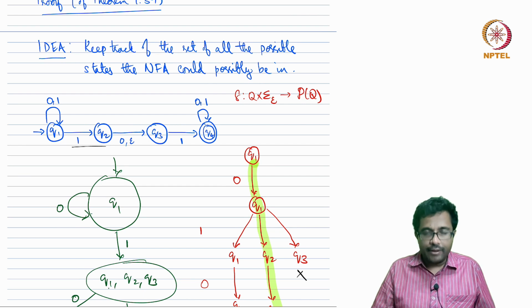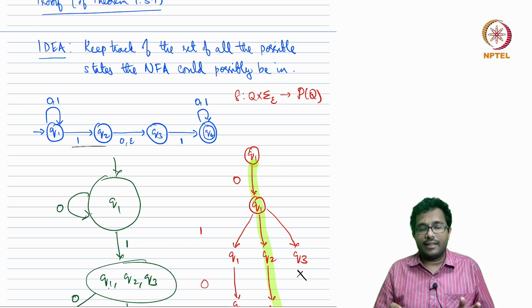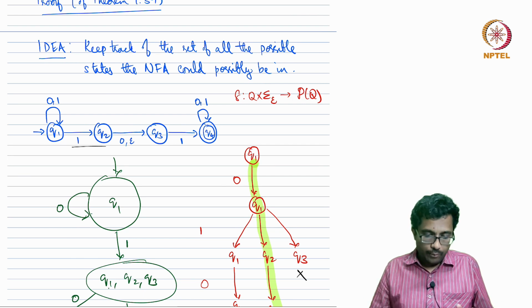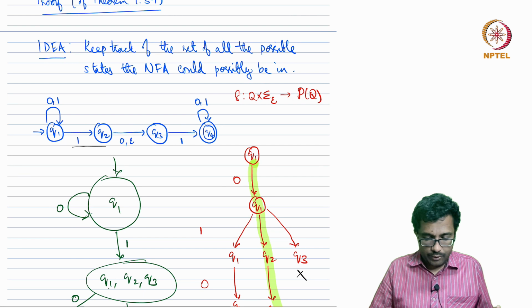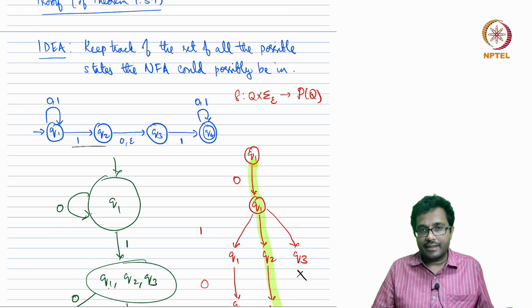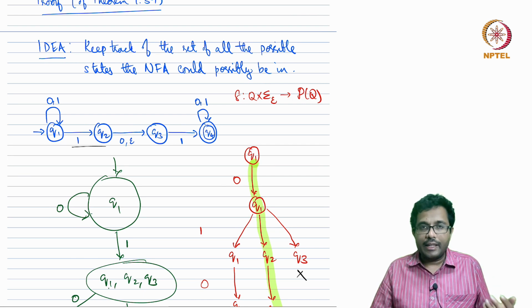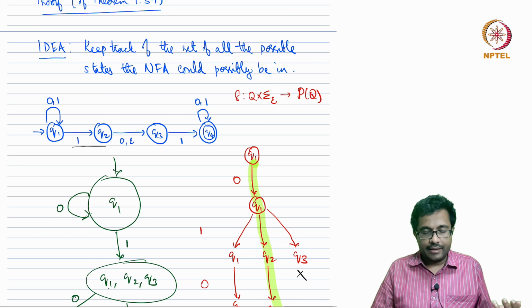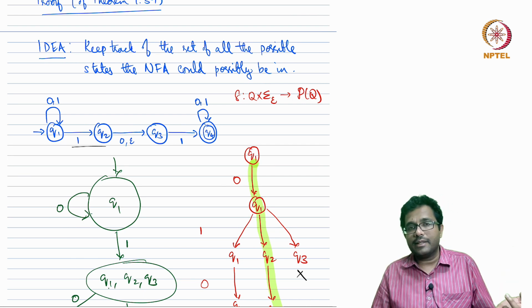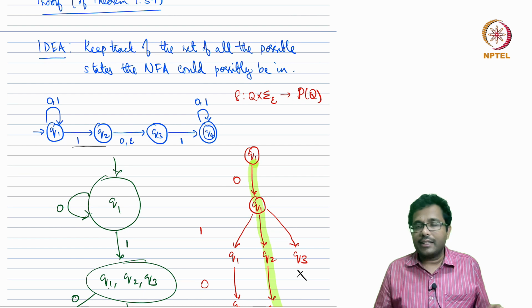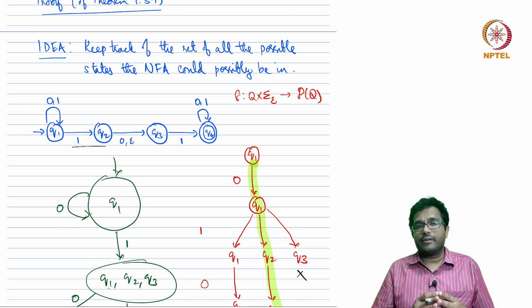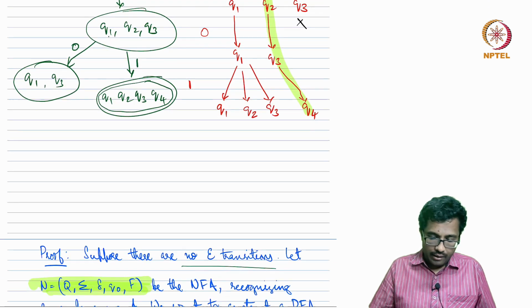So the equivalent DFA will contain around 16 states, one for each subset: the empty set, the singleton sets, the sets containing 2 elements, 3 elements, and the set containing all 4 states. It can get a bit involved.